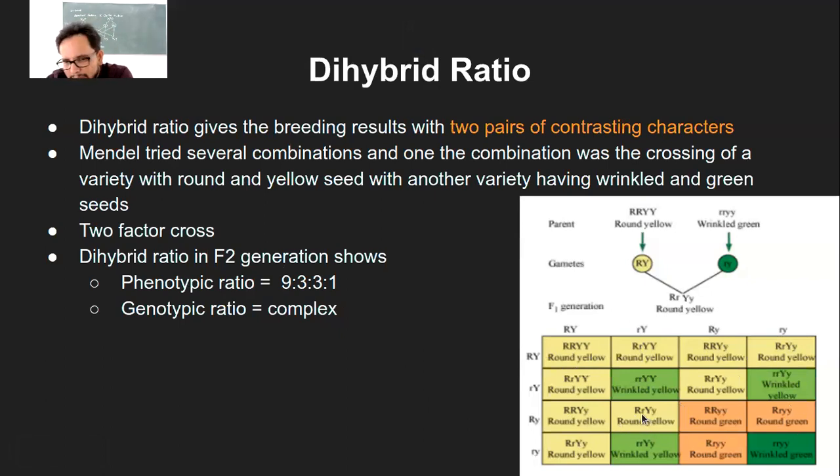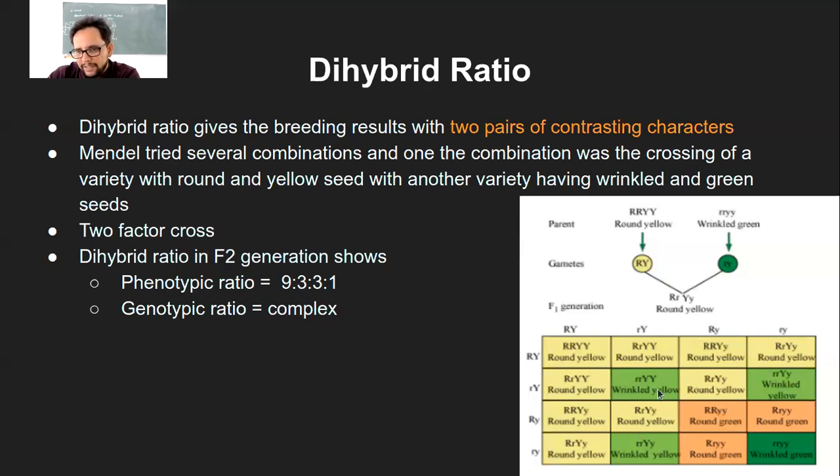Genotypically, they are all different. Different in the sense, they can have homozygous dominant like capital RR, or they can also have capital R, small r, that is heterozygous. So both of these will still show round phenotype. So they are 9 like this, which are round and yellow in terms of phenotype.